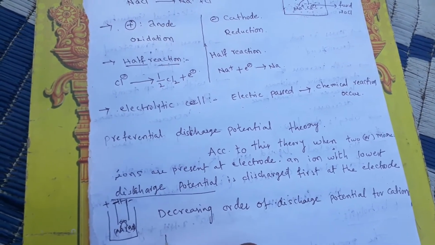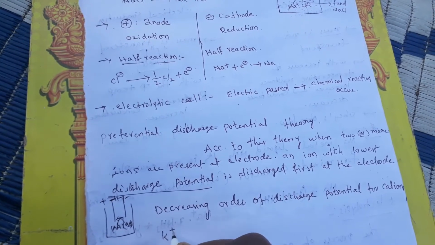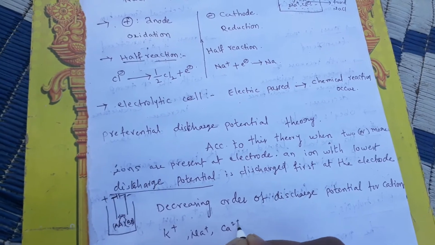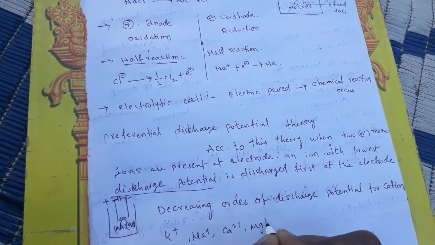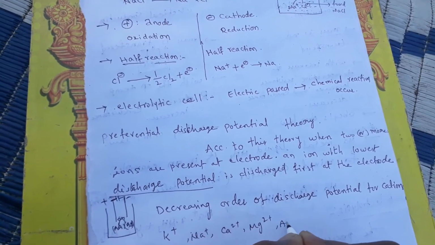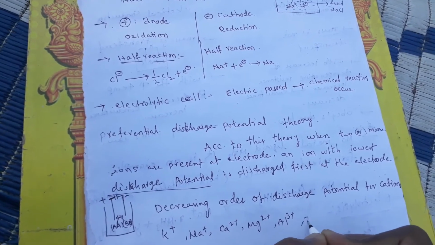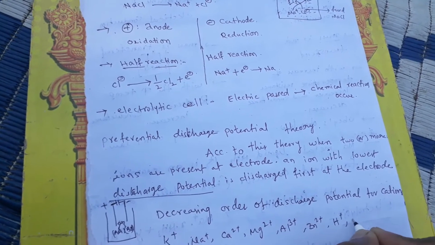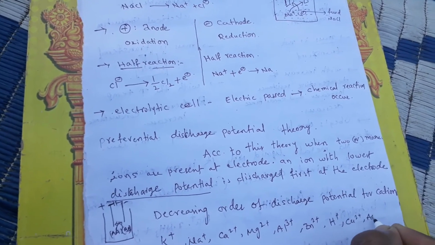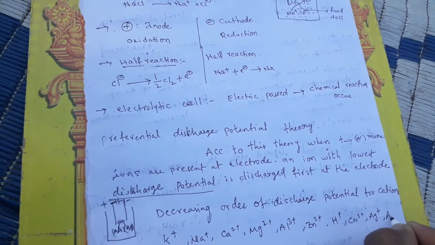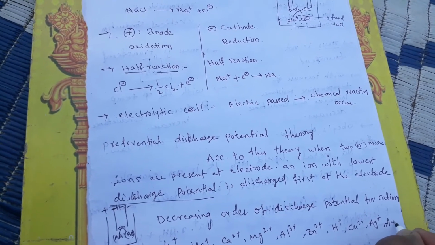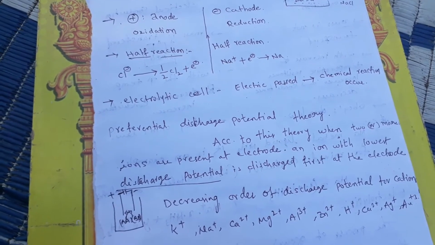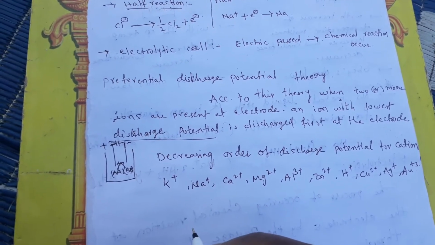If you see the decreasing order: K plus, next sodium plus, next calcium 2 plus, next magnesium 2 plus, aluminium 3 plus, and zinc 2 plus, H plus, next copper 2 plus, silver plus, and gold 3 plus. So this is the decreasing order of the ions.